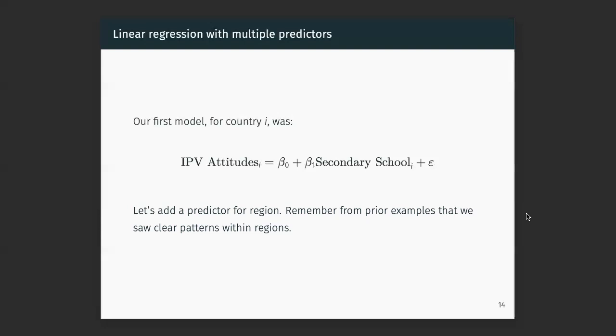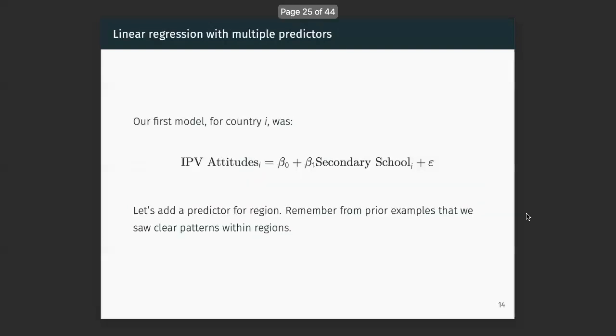So we might think that proximity to neighbors leads to what we might call spatial clustering, right? Spatial clustering is when units that are proximate to each other geographically have similar values. Spatial correlation. So we're going to add a really simple adjustment for spatial correlation, and that is a region predictor in the model.